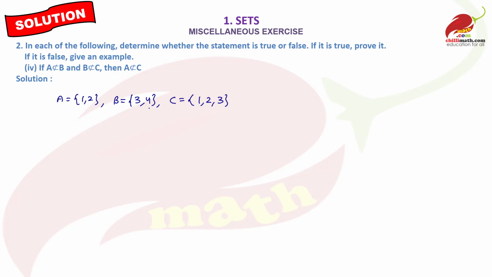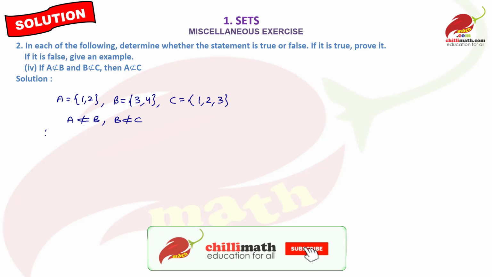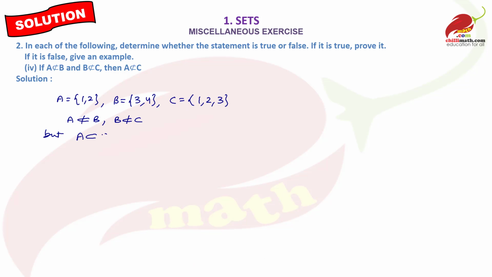We take 4 here in B, which is not in C. You can see A is not subset of B, B is not subset of C, but A is subset of C. So this is false.